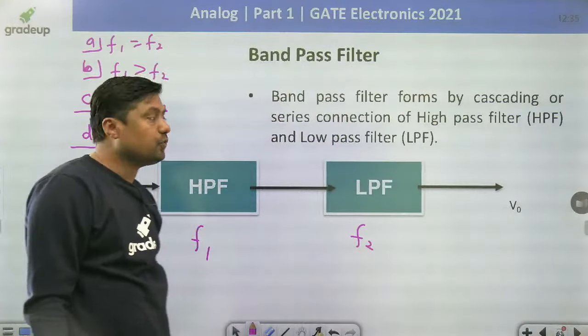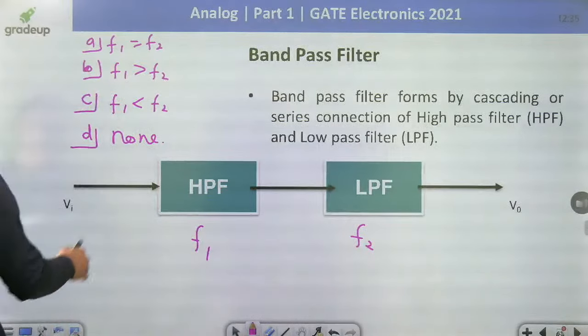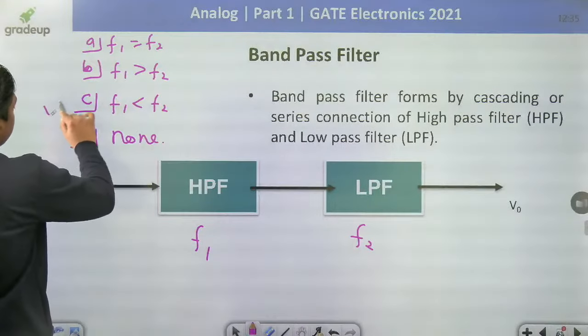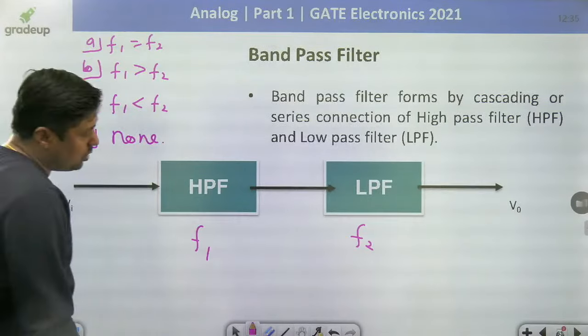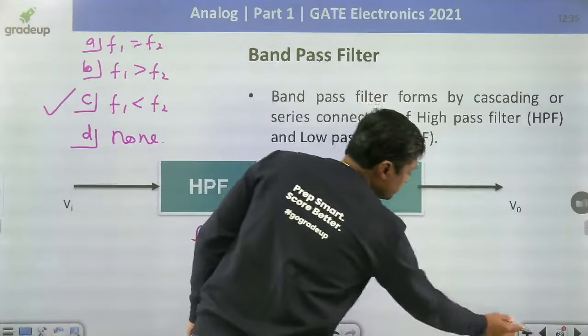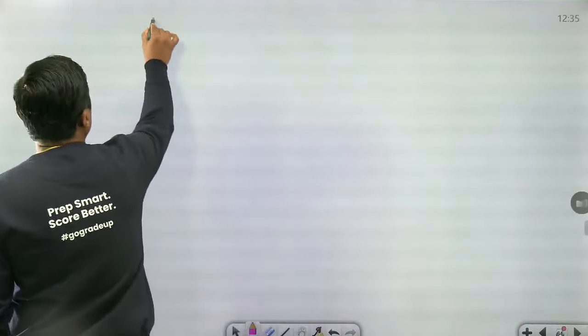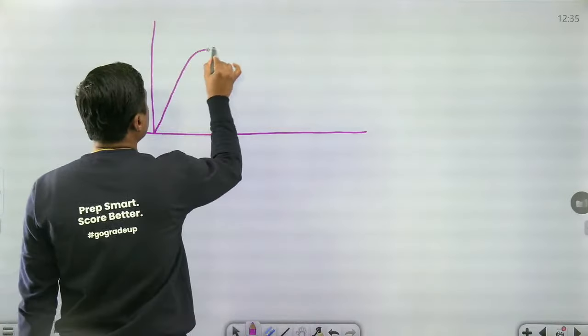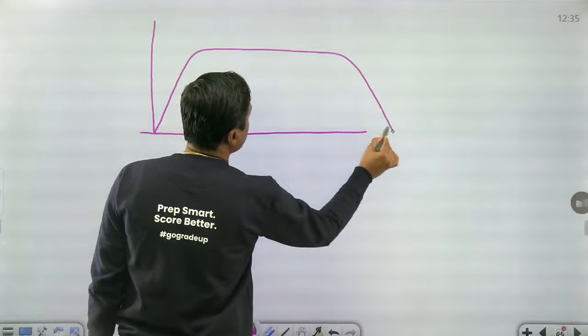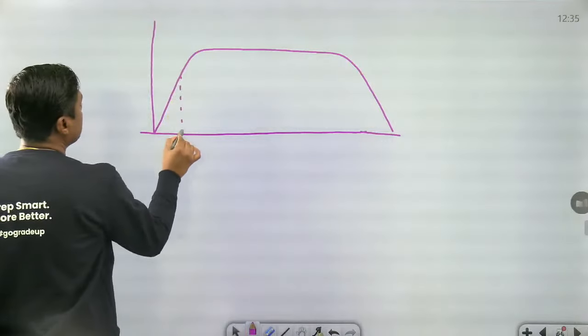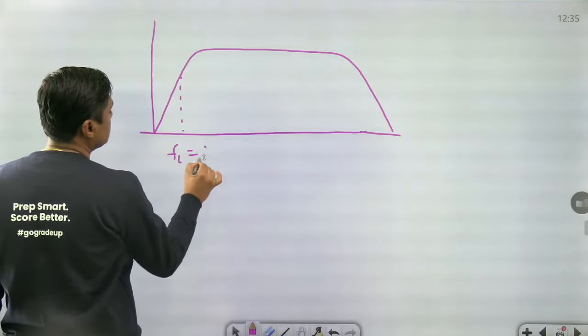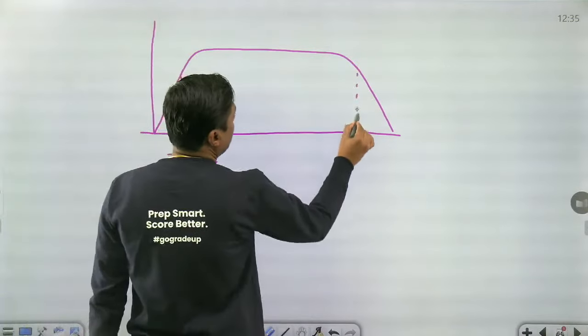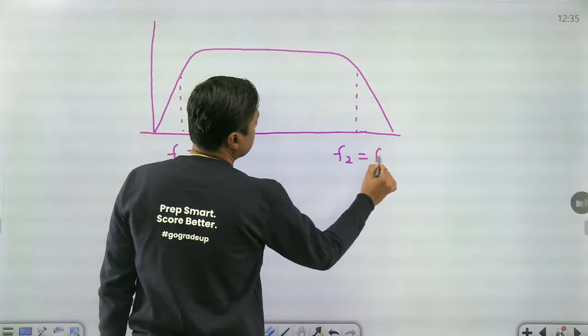F1 less than F2. Yes, this is the right answer. C is the right answer. F1 is less than F2. Always remember. This is a high pass filter and this is followed by a low pass filter. This is F1, this is called FL, and this is called F2, FH.